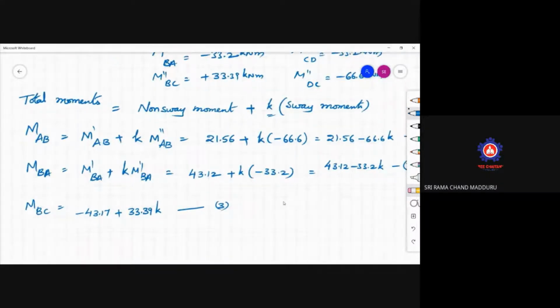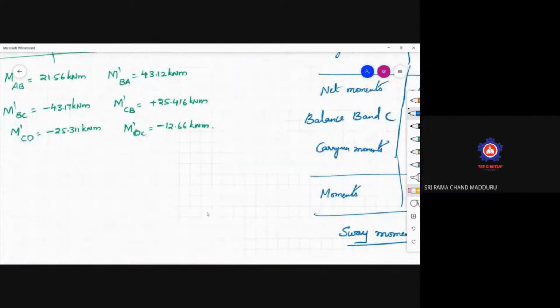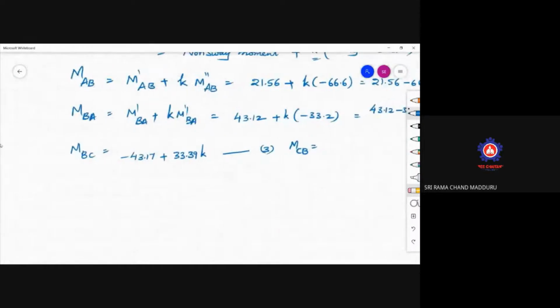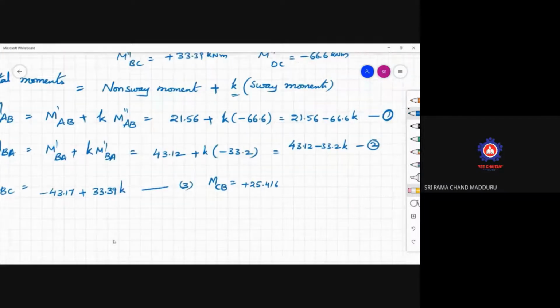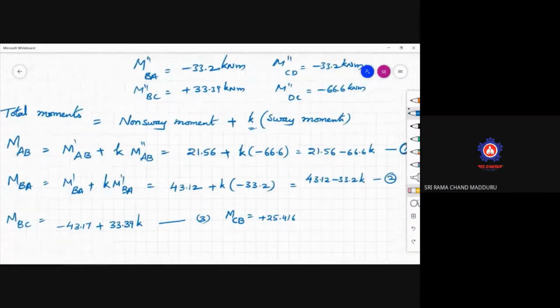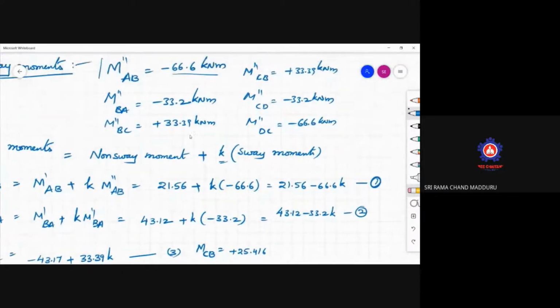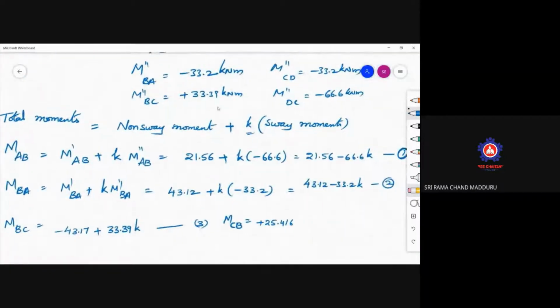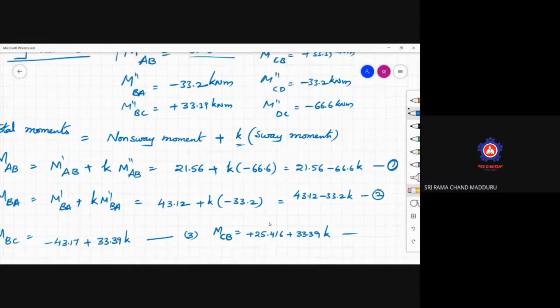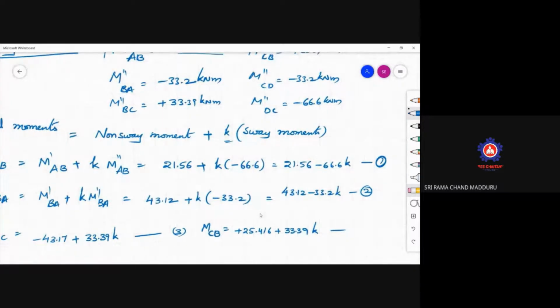MCB is equal to M dash CB plus 25.416, plus 33.39 into K. This is equation number 4.